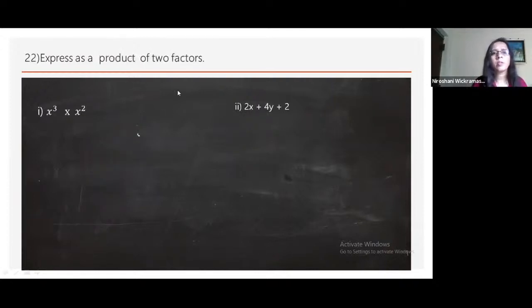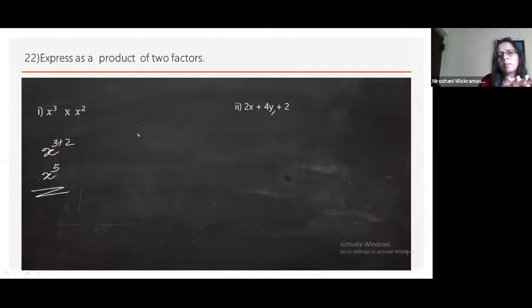Express as the product of two factors. So how can we write this? x to the power 3 into x to the power 2. It means in this form we can add the powers. I think I mistakenly included this. 3 plus 2 gives x to the power 5 here.